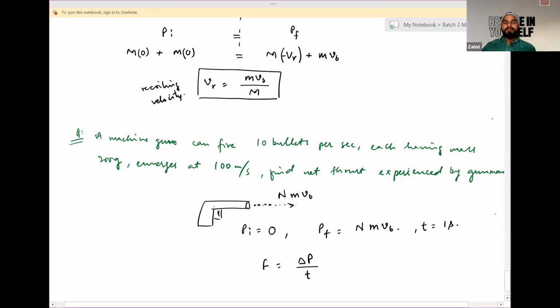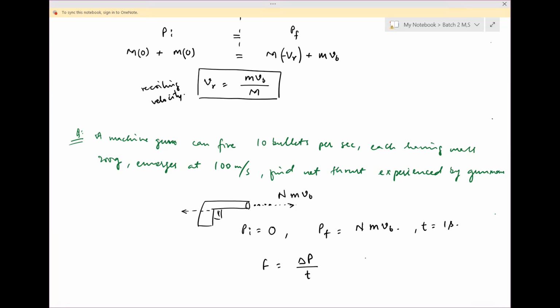Gun will apply action to that bullet to fire it forward, so there will be recoiling or backward thrust, which must be experienced by the gunman and which should be equal to change in linear momentum divided by time taken. Put the value of all these terms and simplify it. Is it clear? Yes, sir. Okay.